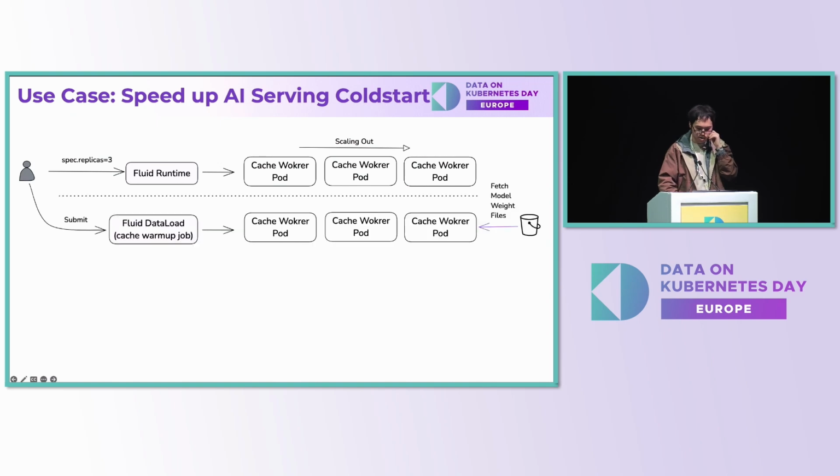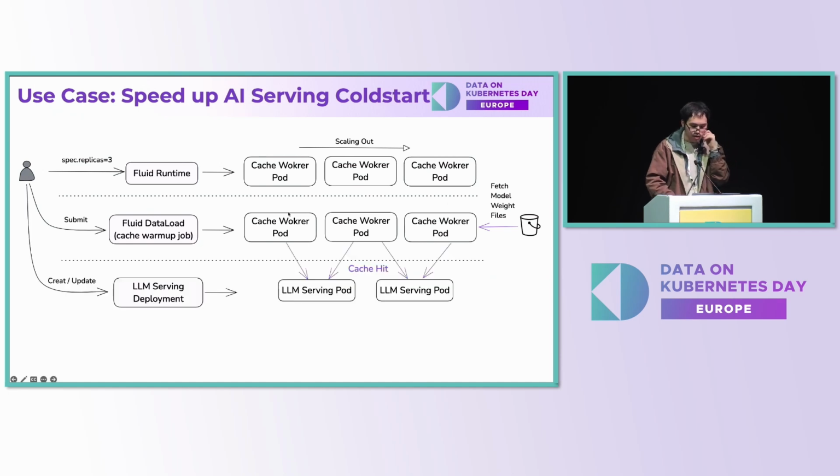Then he or she can submit another Fluid resource called DataLoad. DataLoad will trigger a cache warm-up job, so the model weight files will be fetched and stored in the cache worker pods. After that, the user can create or update the LLM serving deployment to start rolling out the LLM serving services.